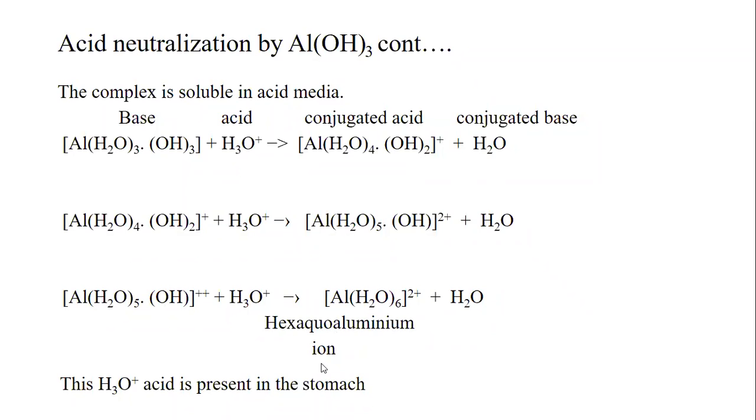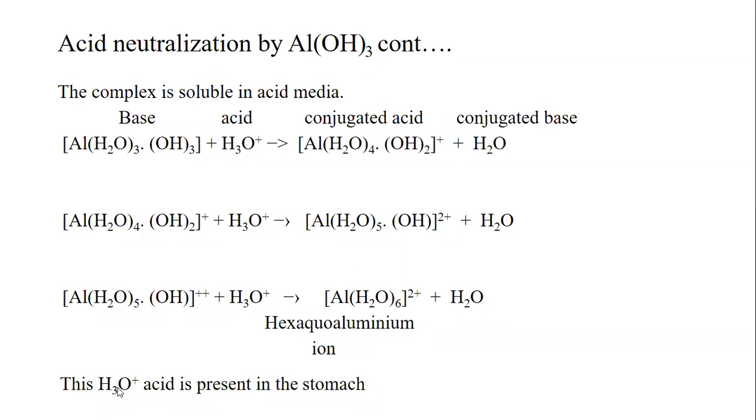Now hexa means 6. Aquo meaning your water, H2O. Aluminium is given by Al and it is a 3 plus ion. This is what is called the hexa-aquo aluminium ion. So this is your complex and this is what helps in the neutralization of your acid.